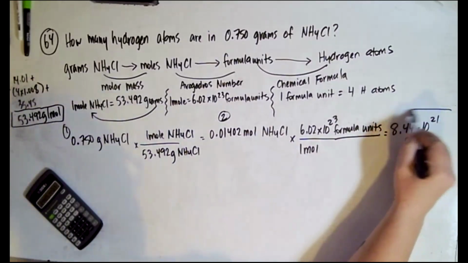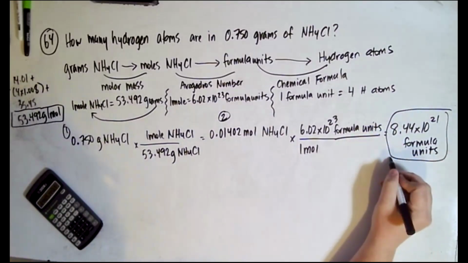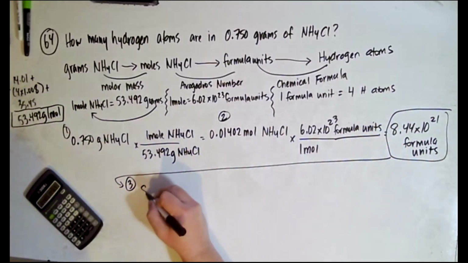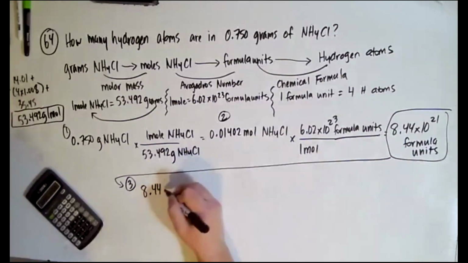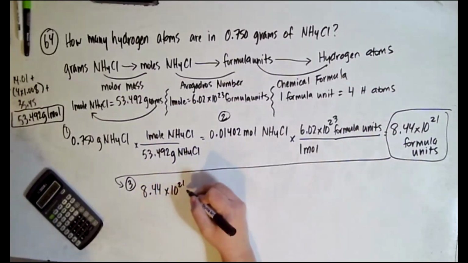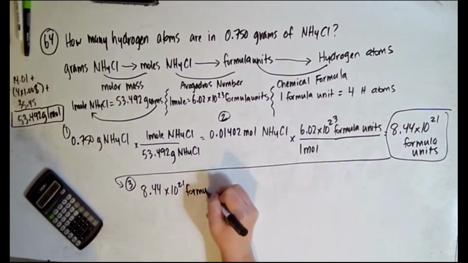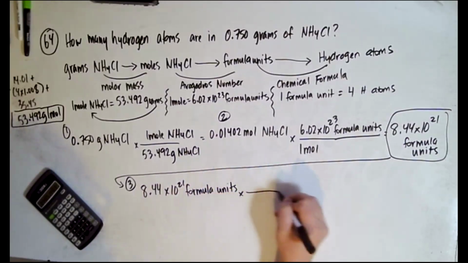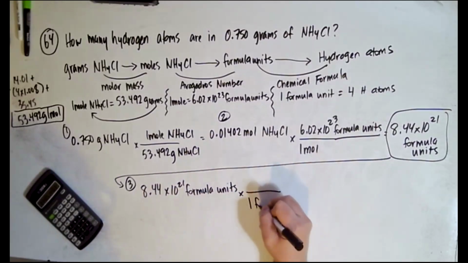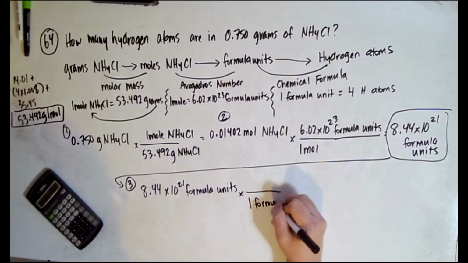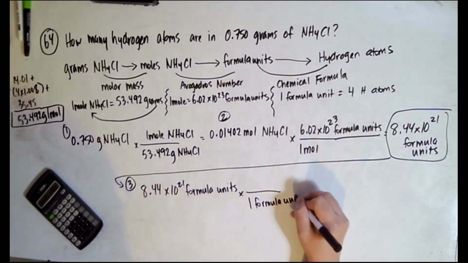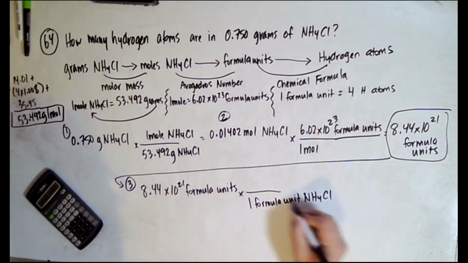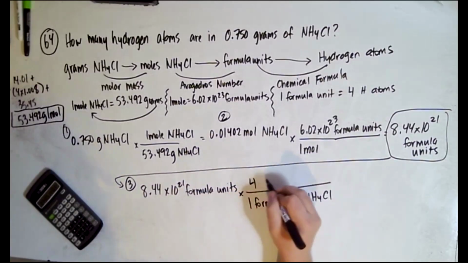Okay. And then for step 3, we'll take our number of formula units and put it over here. So for step 3, we're going to have 8.44 times 10 to the 21 formula units. And we know from our chemical formula that every 1 formula unit of NH4Cl is going to have 4 hydrogen atoms.